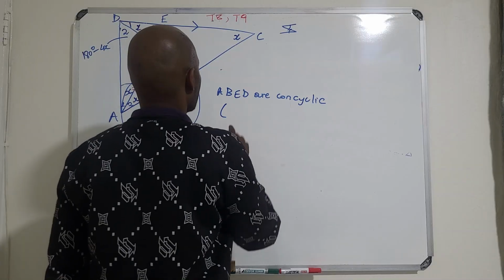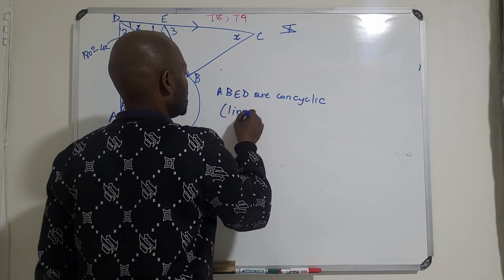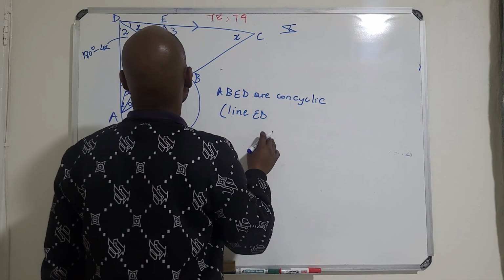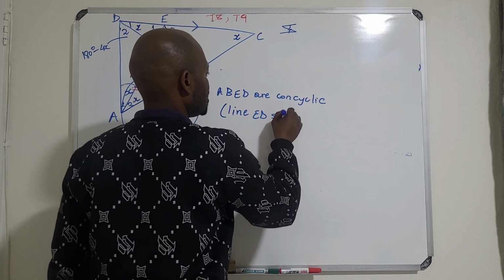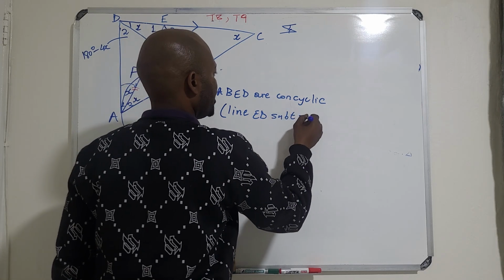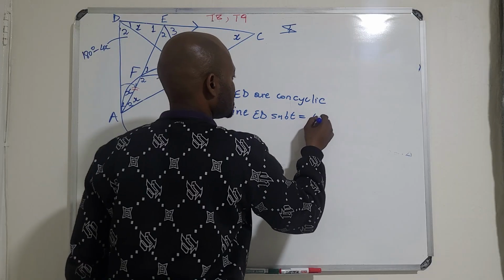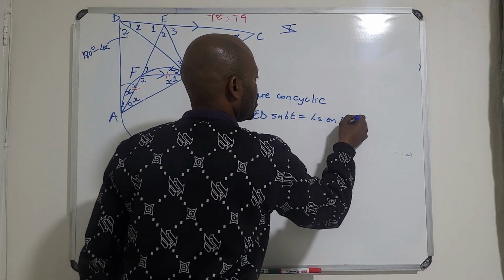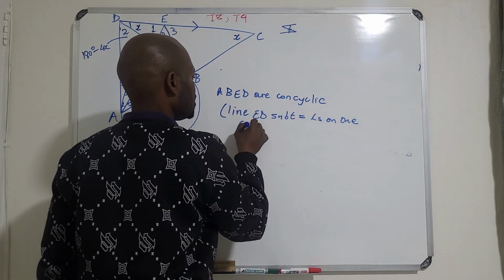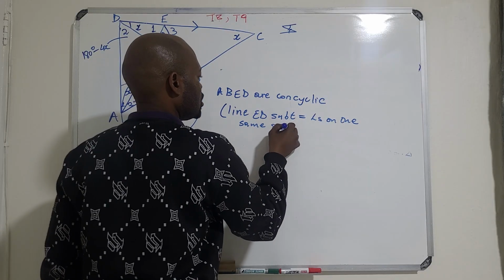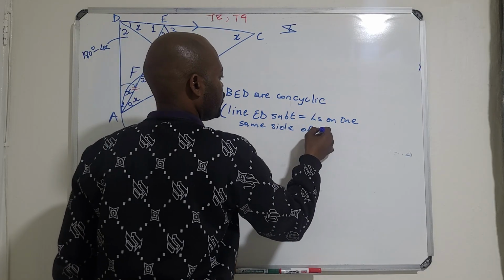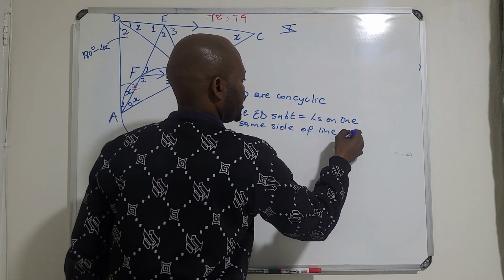It is because line ED subtends equal angles on the same side of line ED.